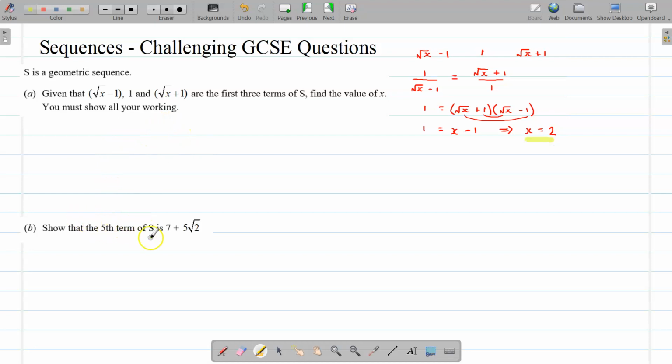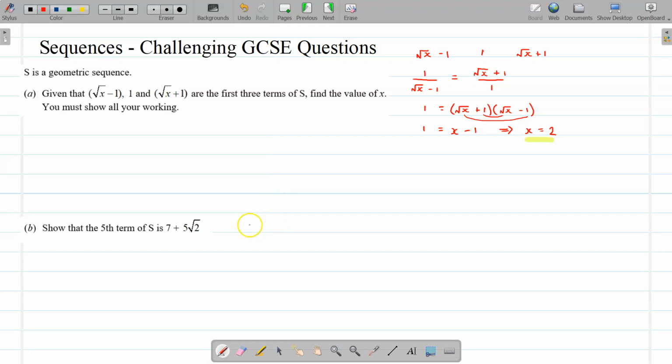Now, show that the fifth term of the sequence is this. Now, the best way to do this is actually, because we've got the first 3 terms, we've just got to find the fifth, and I would suggest the best way is to find the fourth, then the fifth, rather than try and go straight to the fifth. And this is what I would do.